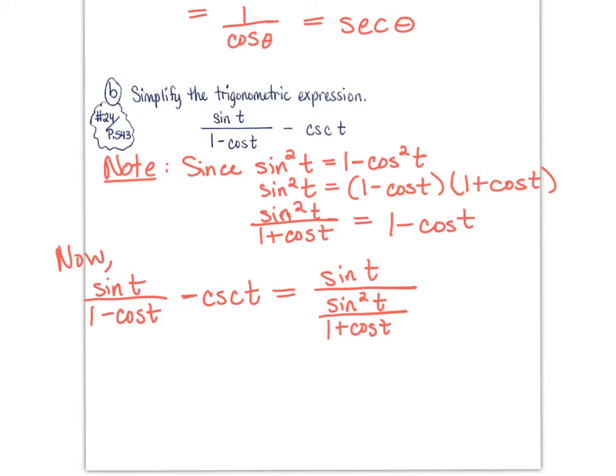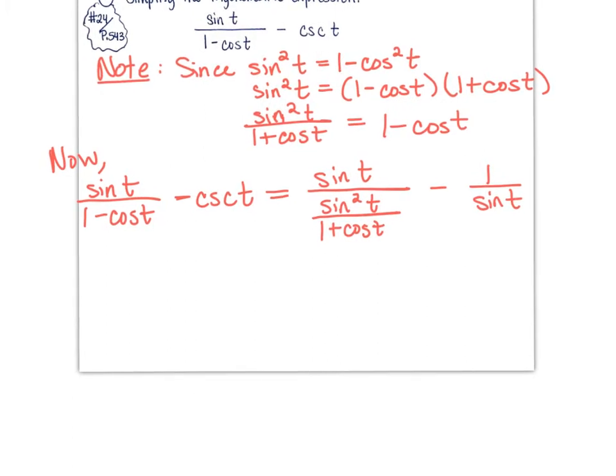And now we subtract cosecant of t, which is just 1 over sine t. But then we have to simplify this expression here.